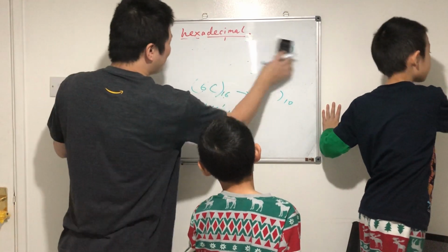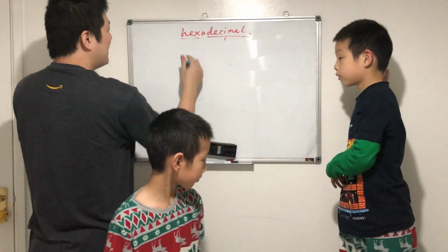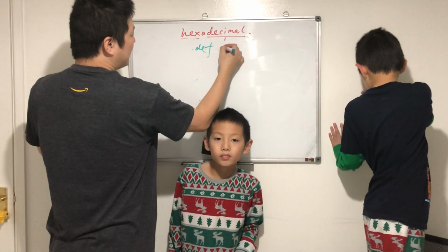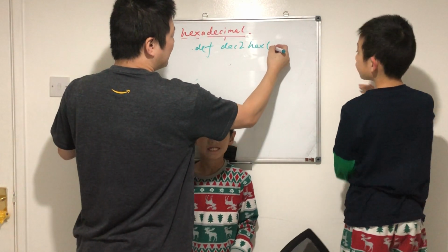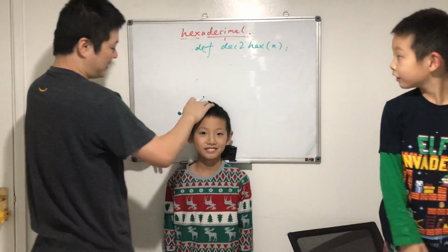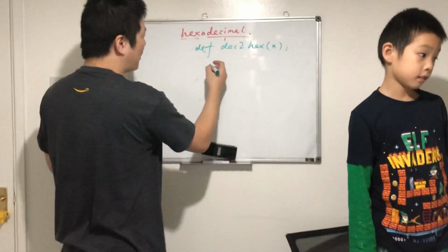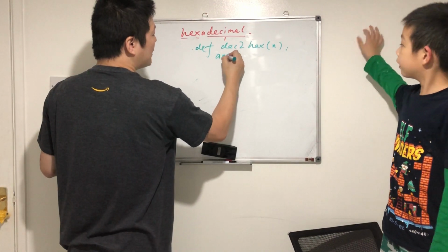Okay, so now we want to write the program. Define decimal to hexadecimal. Remember we have to talk about mapping. Answer equals this.